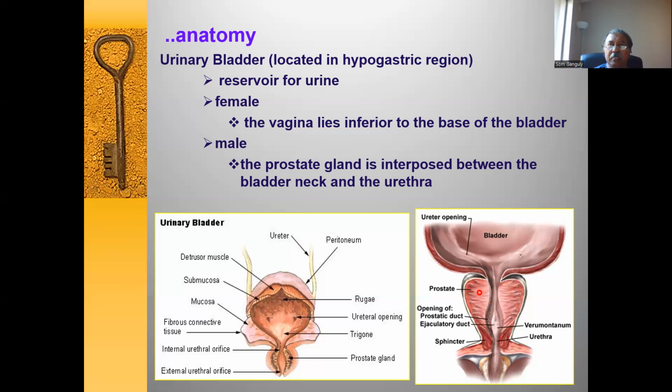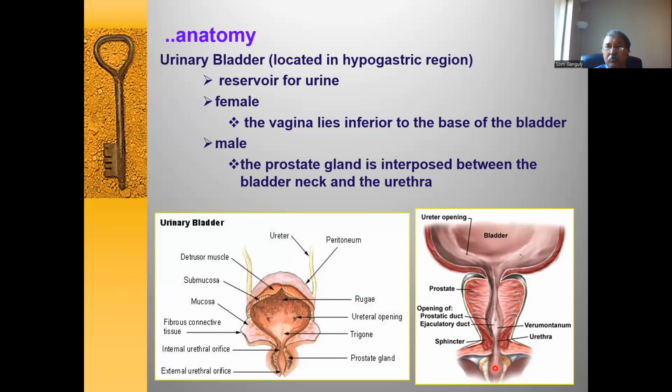The prostate gland secretes prostatic fluid into this duct system here. We call it the ejaculatory duct or prostatic duct, and it empties into this ejaculatory duct.